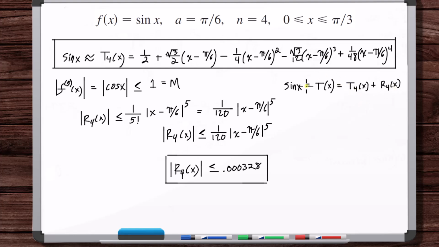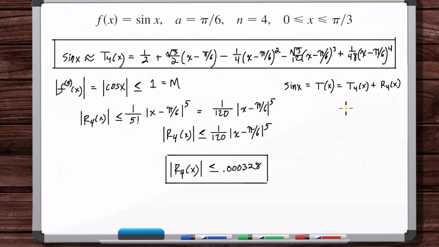The function is going to be equal to something, sine of x. Then the Taylor polynomial, t sub 4 of x, is going to be equal to something when plugged in. But then r sub 4 of x is also going to be equal to something, but we don't know what it is. But we can say that no matter what x we plug in, if it's in this range, it's never going to be bigger than this, r sub 4, okay?